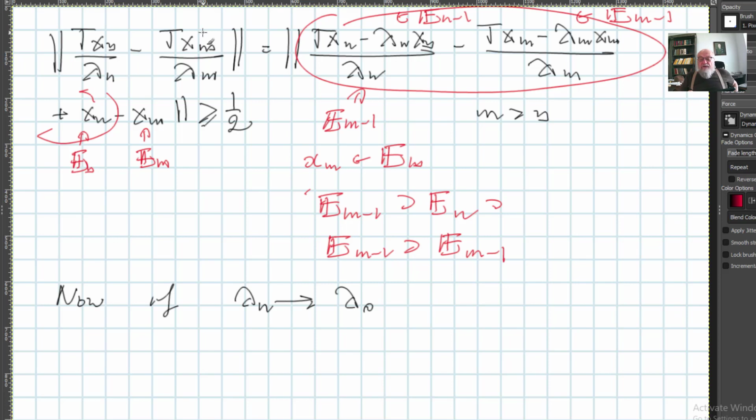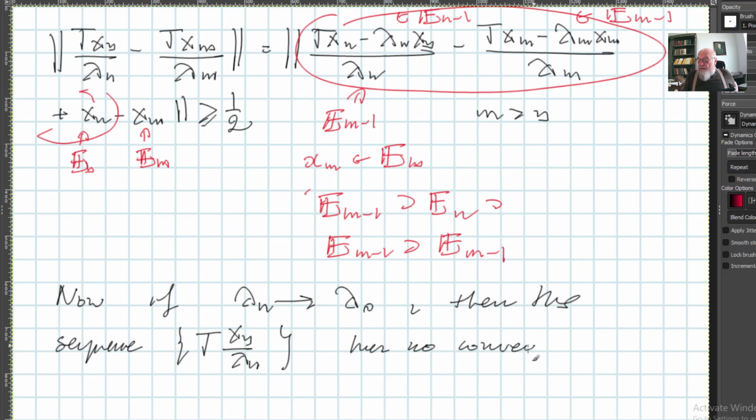This is not possible because you would obtain that the sequence Txn divided by lambda n has no convergent subsequence. So we are getting a contradiction.